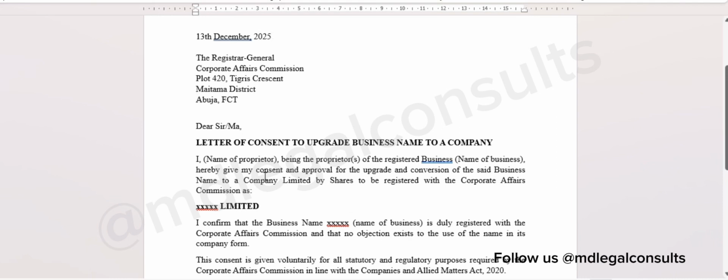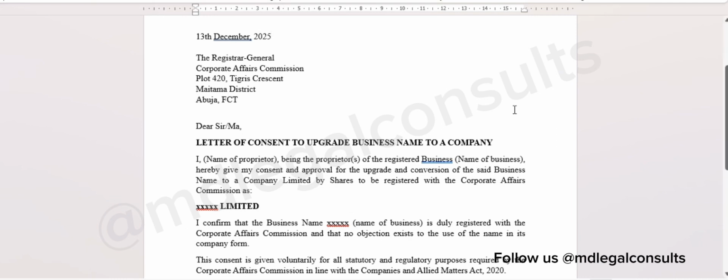If your business has two or more proprietors, you can put the names of the proprietors, being the proprietors of the registered business. Then you include the name of the business. Please include the name of the business, not the company, not limited, the way the business name appears on the certificate.